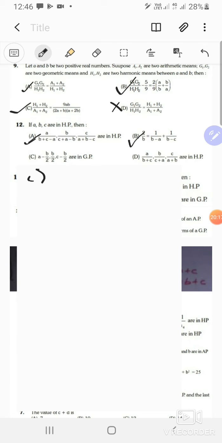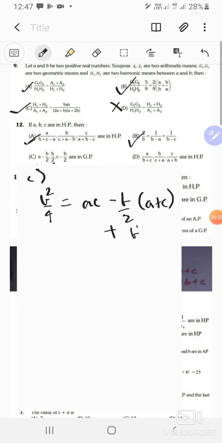Okay, that would be true only if the square of the middle term would be equal to the product of the first and last term. So what we have to prove is that b squared upon 4 is equal to the product of the first and last term. Here that's going to be ac minus b by 2 into a plus c, plus b squared by 4.